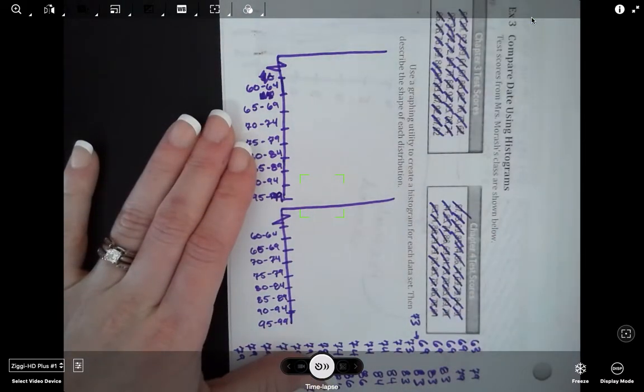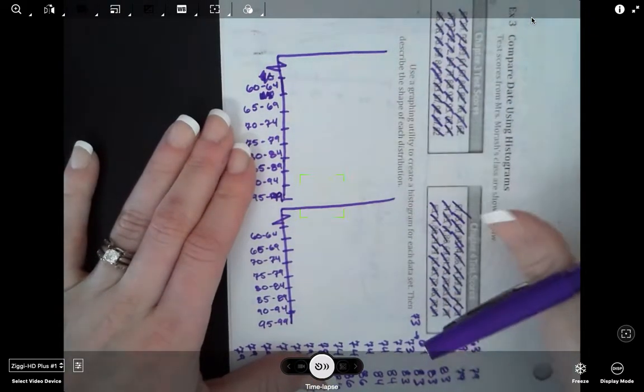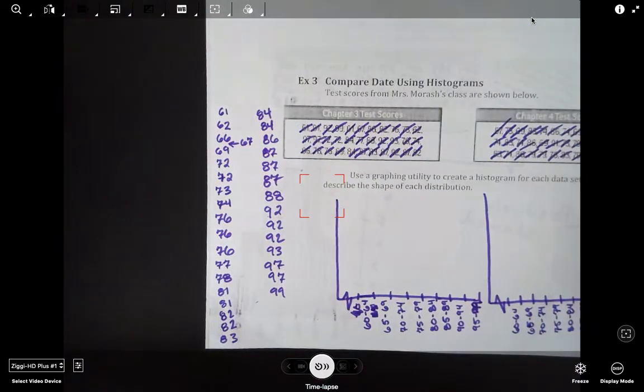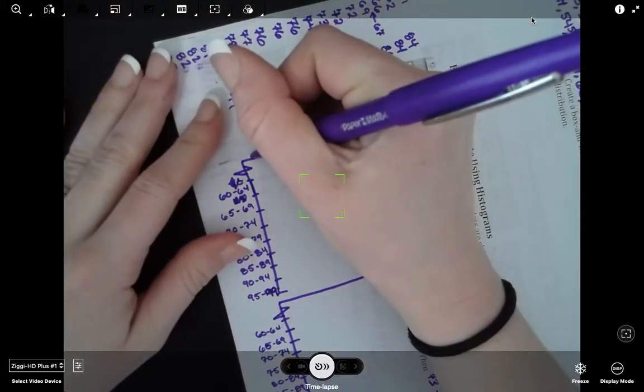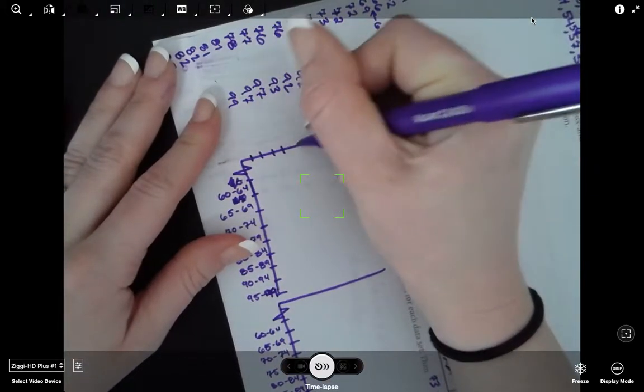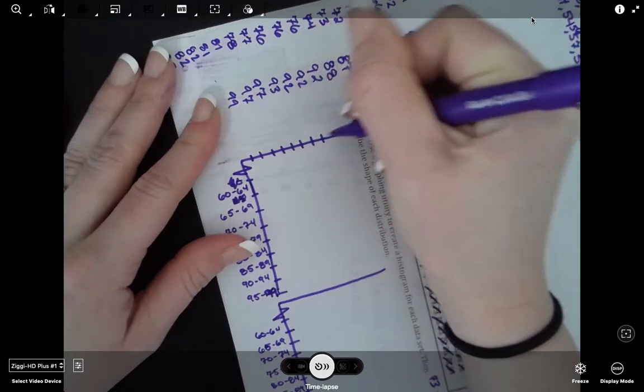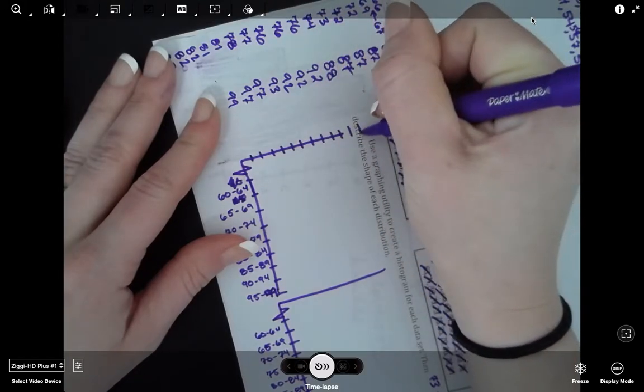We'll say, how many is the most category? We've got a lot of 74s. We've got probably a ton. Okay, I'm just going to do 1, 2, 3, 4, 5, 6, 7, 8, 9, 10, 11, 12.